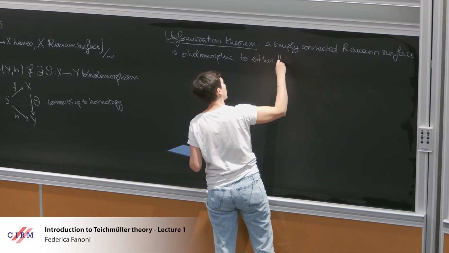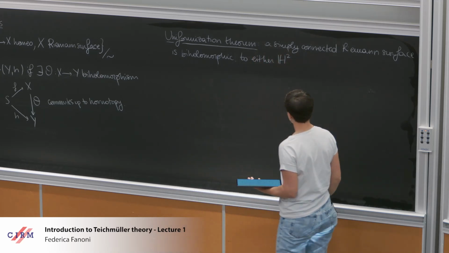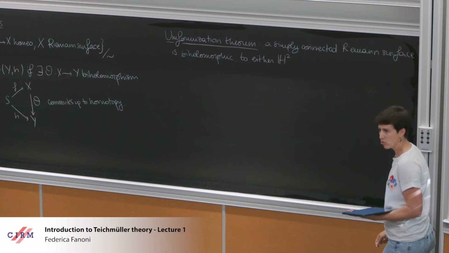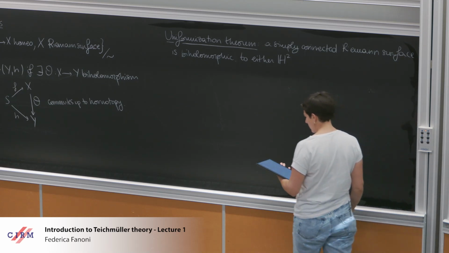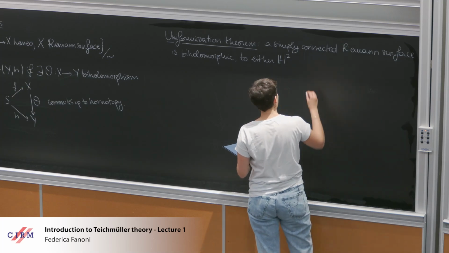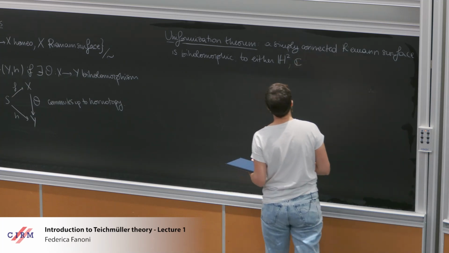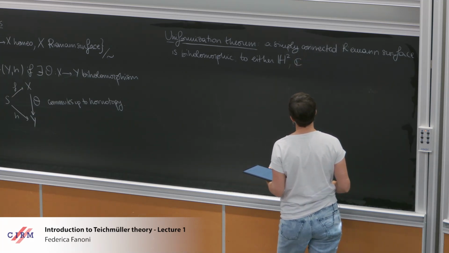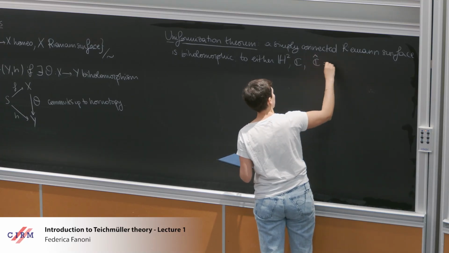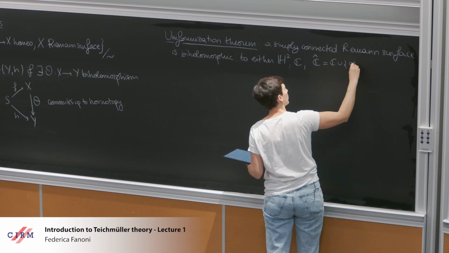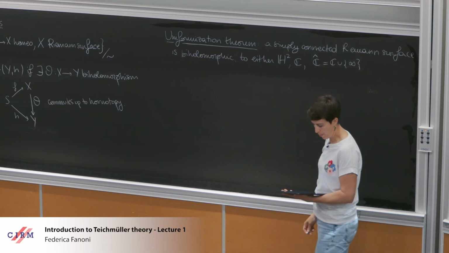So it's either the hyperbolic plane, seen for the moment really just as a subset of C, C itself, or the Riemann sphere, so C union a point at infinity.